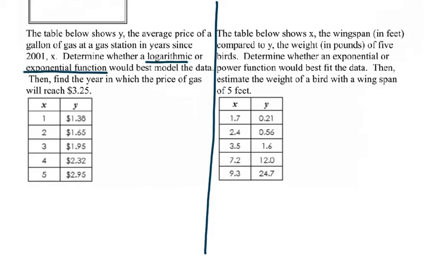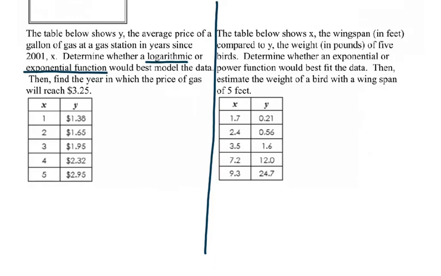And I want you to look at the R, the correlation coefficient, and see which one is closer. So pause the video and figure out which one has a closer correlation coefficient, and then use that one. So do that in 1, 2, 3.